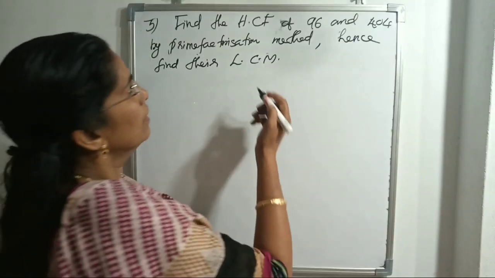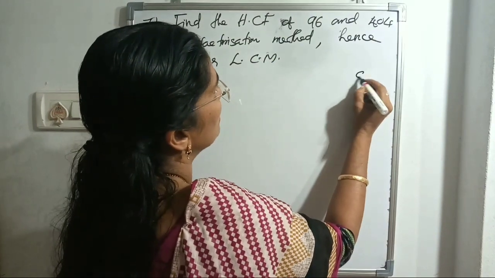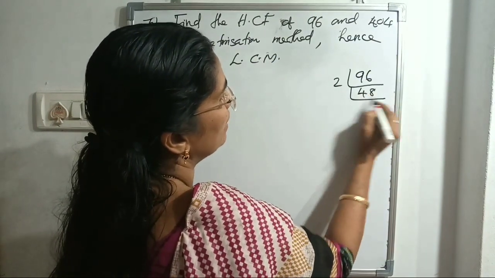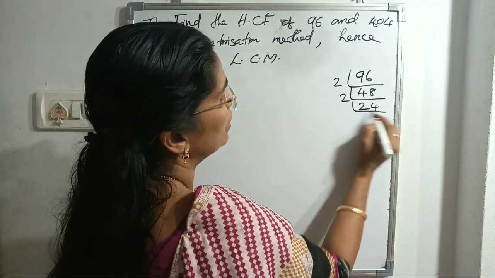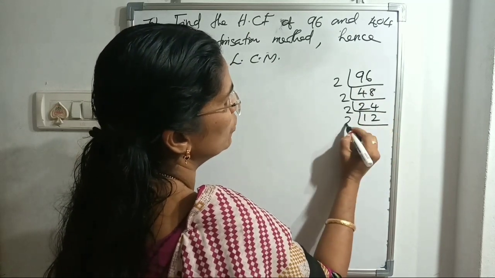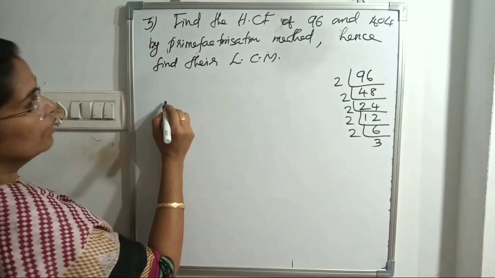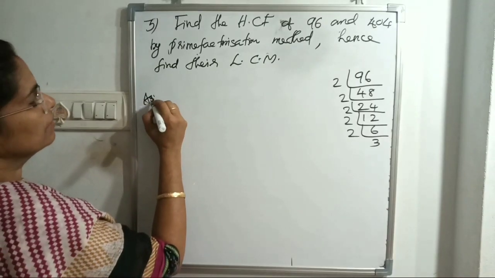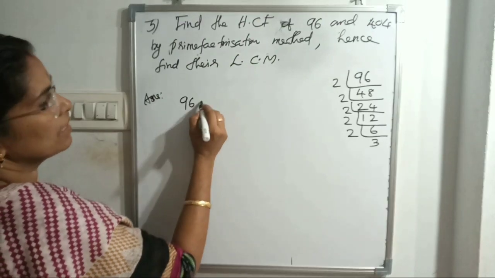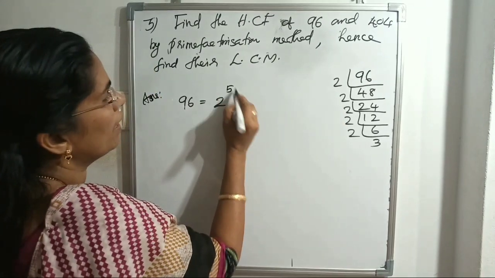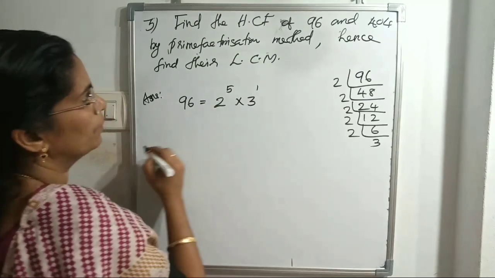Okay. First, 96 divided with 2, 48. Again with 2, 24. Again with 2, 12. With 2, 6. Again with 2, 3. So we can write 96 as 2 raised to 1, 2, 3, 4, 5, 2 raised to 5 into 3 raised to 1.